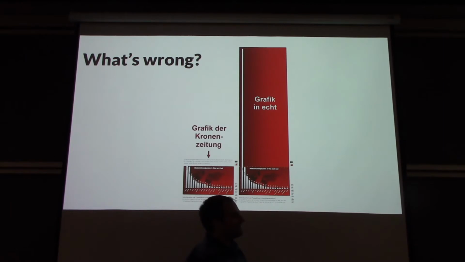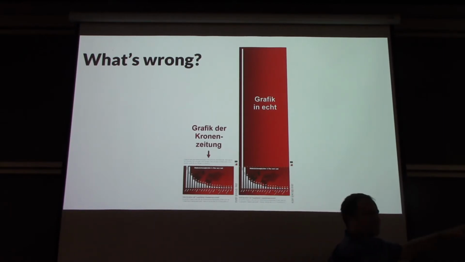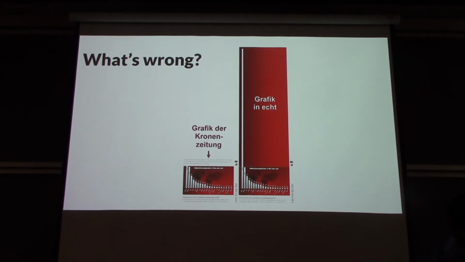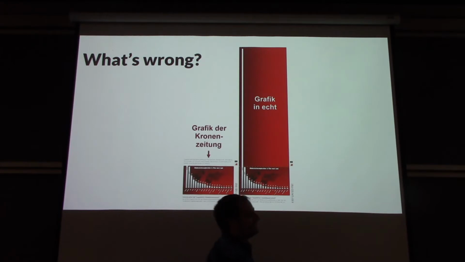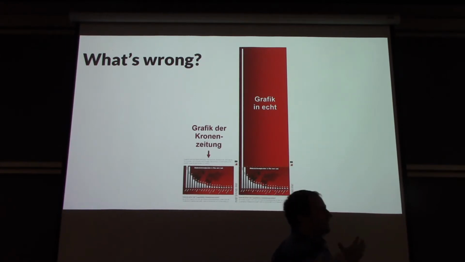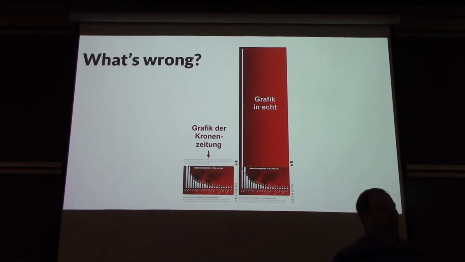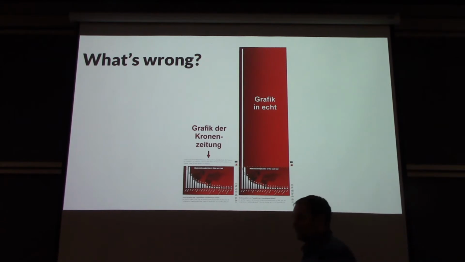So here, this long bar are all the Austrians who get Social Security. And now we have framed this in the right context, right? Because we can see it's really only a minority of foreigners that get Social Security in Austria. And this is what Tufte means by the graphical effect must be proportional to the effect in the data.